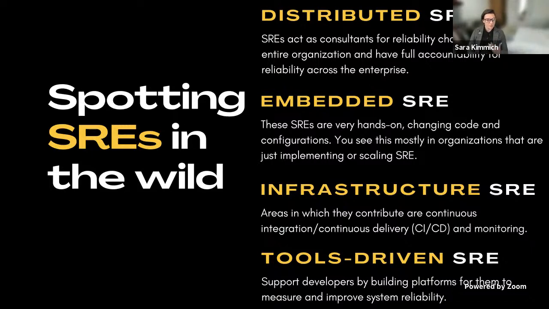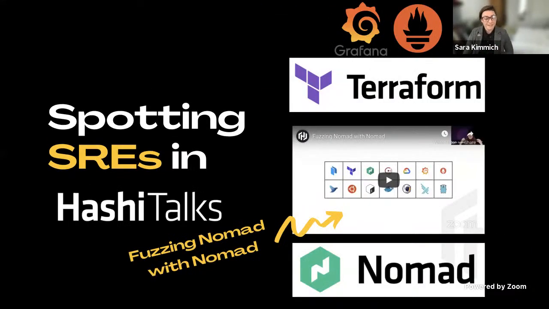Someone who is acting functionally as an SRE, but who's genuinely involved in the day-to-day development of the code and who's building it in tandem with the DevOps deployment. There's your infrastructure SREs who are specifically tailored around the CI/CD practices. And then there's tool-driven SREs, which are also a little bit abstracted. Those are ones that are specifically looking at helping you monitor and observe your systems, but aren't that involved in building it necessarily.